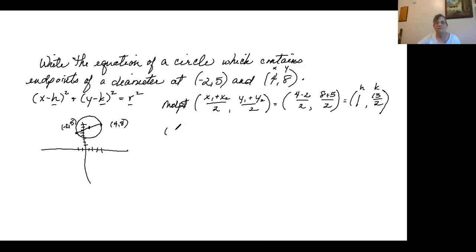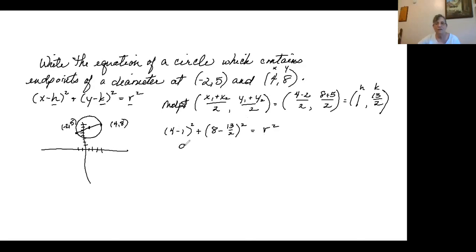So we're going to have 4 minus 1 squared plus 8 minus 13 halves squared equals r squared.